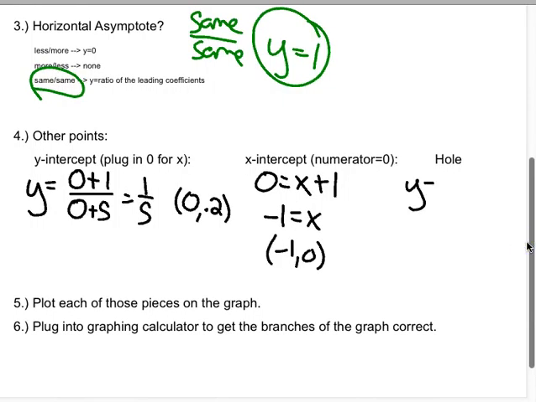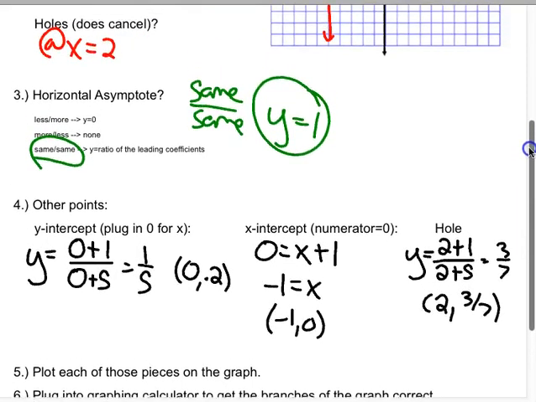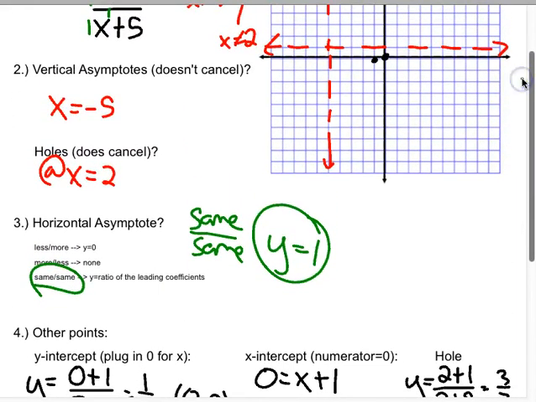So I'm going to plug that in. So my hole is sitting at 2/3, or about 2 and 0.5. All right. And again, you do need to indicate that you have that hole where x is 2. All right. So just as best you can, put a hole at that spot.